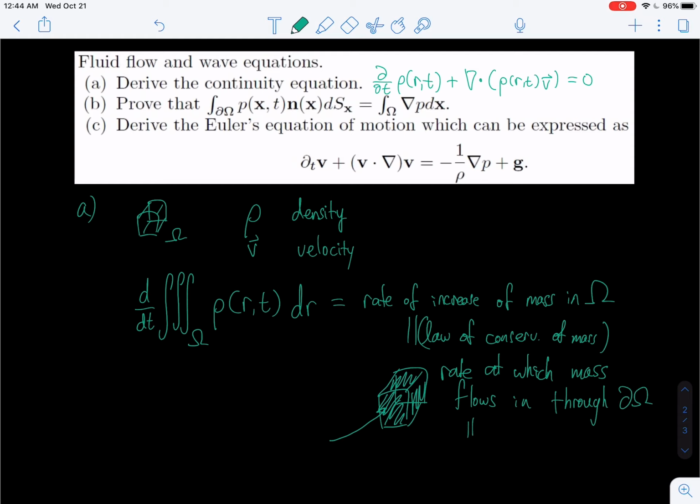In our notation, we can write this as the double integral over the boundary of the mass. So we're integrating rho, but then we have to multiply this by v because it's mass flow. And because the normal vector n usually points out, we write a negative right here to indicate that we're actually flowing in.